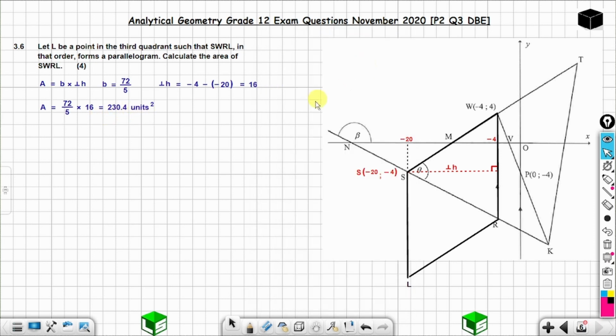Okay, another way that you can find the area of this parallelogram, you can first calculate the area of one triangle. After finding the area, you are going to multiply by 2 because you have 2 of them. They are the same.